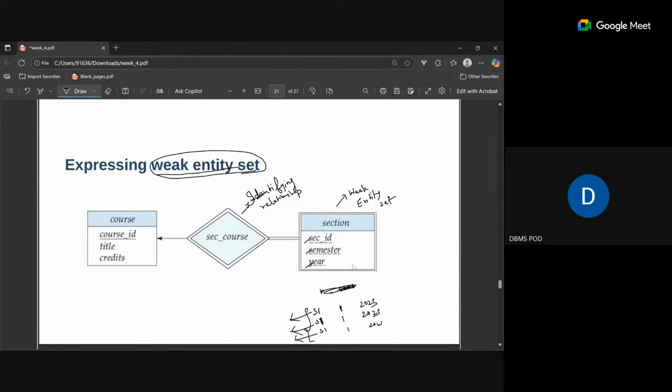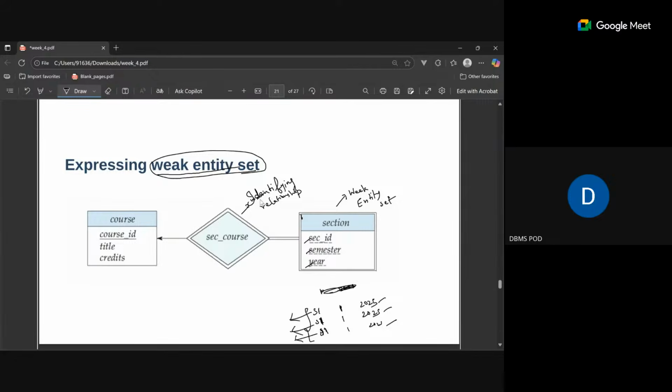Does it make sense to have these kinds of values in this section table? Sir, how are we calling it weak? This double rectangle. On what basis? If I'm having values like this, you can't uniquely identify any of them, right?